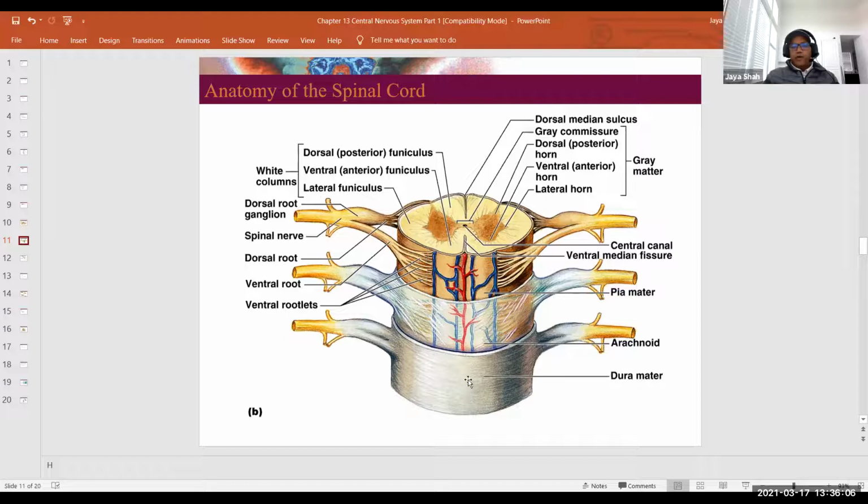And you can see again, dura mater, arachnoid mater, pia mater. Under the arachnoid mater, you see a lot of blood vessels. So in the subarachnoid space, there are a lot of blood vessels. In some people, if there is high blood pressure, these blood vessels rupture and bleed inside the subarachnoid space.